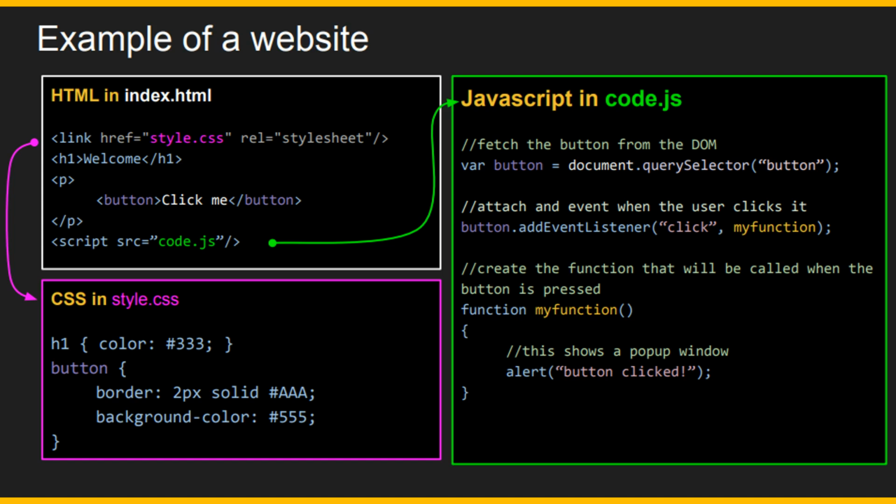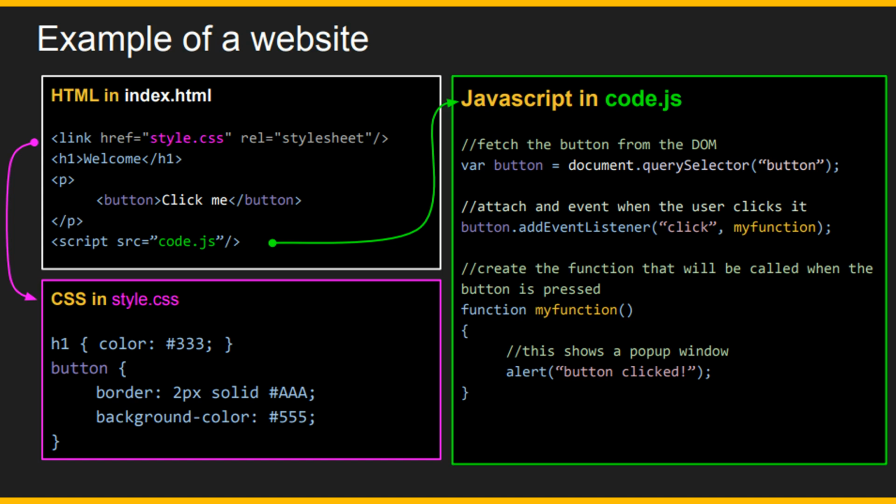You remember how we link rel equals stylesheet? That is our style sheet. Then we have an h1 welcome, a p tag, a button click me, and then a script src equals code.js. That means that's the source of the file. So we linked the style.css.